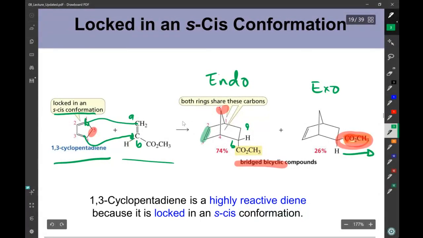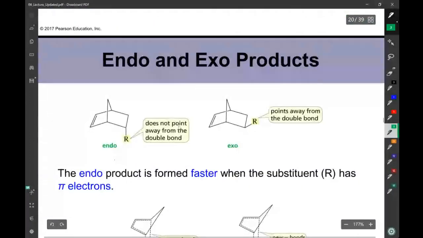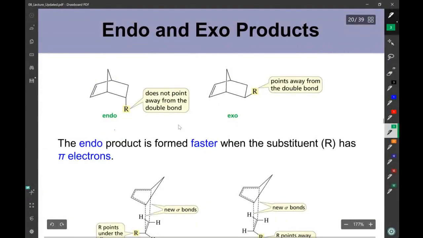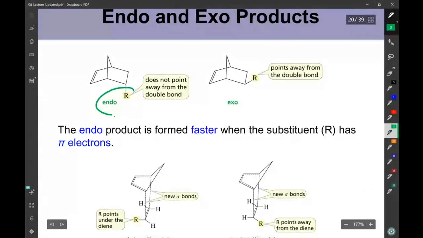Does that make sense? So in this case, our endo product is the major product. Endo versus exo product. First, the endo product: the group or the substituent does not point away from the double bond.